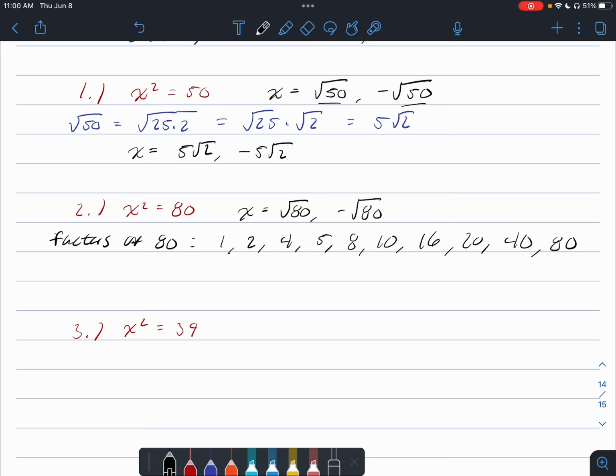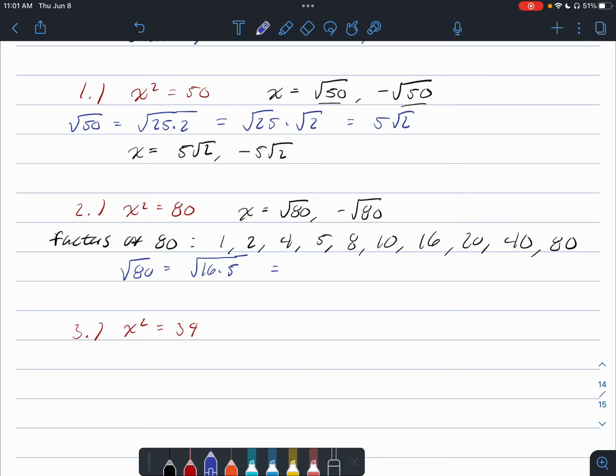So let's rewrite the square root of 80 as the square root of 16 times 5. The reason we're doing this is so we can simplify this square root as much as possible, get it down into smallest terms.